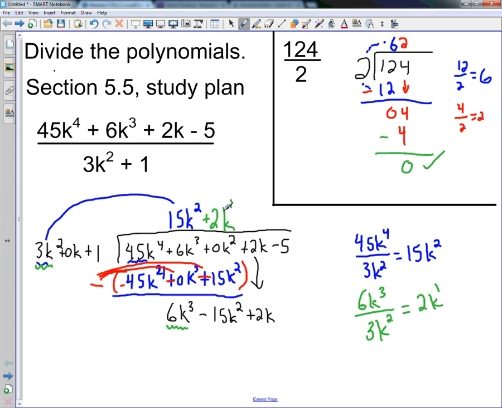Now I'm going to take 2k, multiply it through, so that gives me 6k cubed, which is what I'm looking for. I want those to reduce. 2k times 0, again that's a plus 0k squared. And 2k times 1 is a plus 2k.